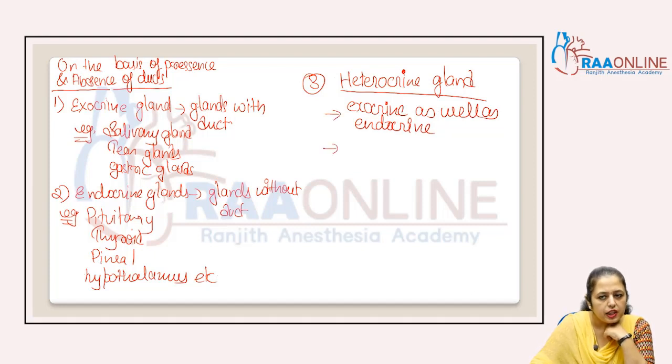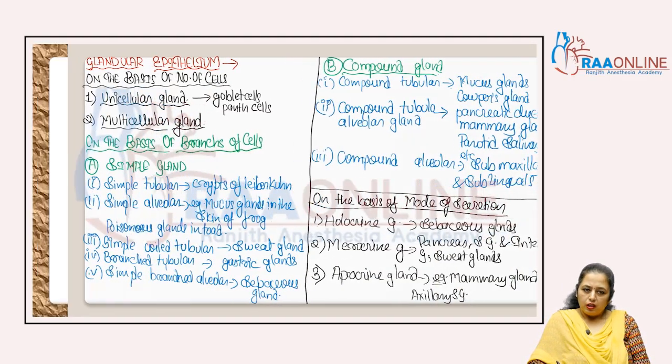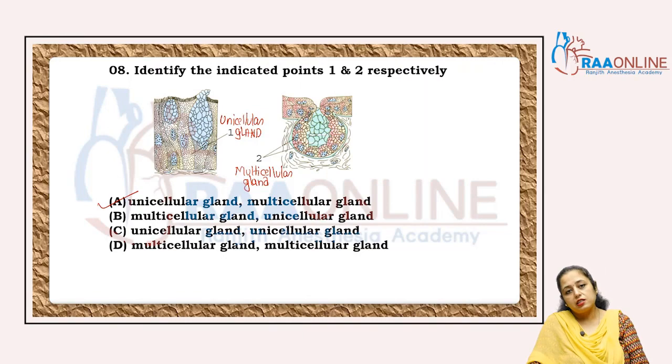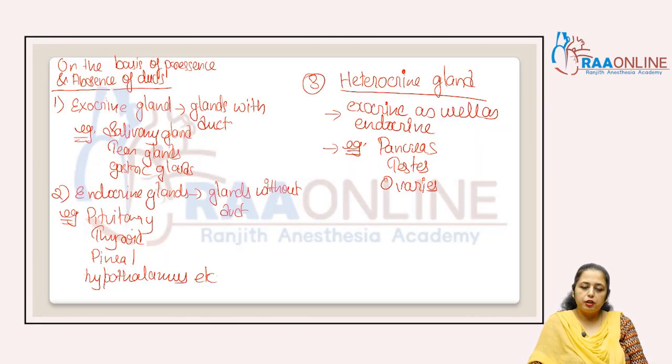That means simply they act as exocrine as well as endocrine. For example, the pancreas, the testes, the ovaries. Clear? So this is the whole classification of the glandular epithelium, and the examples are important.